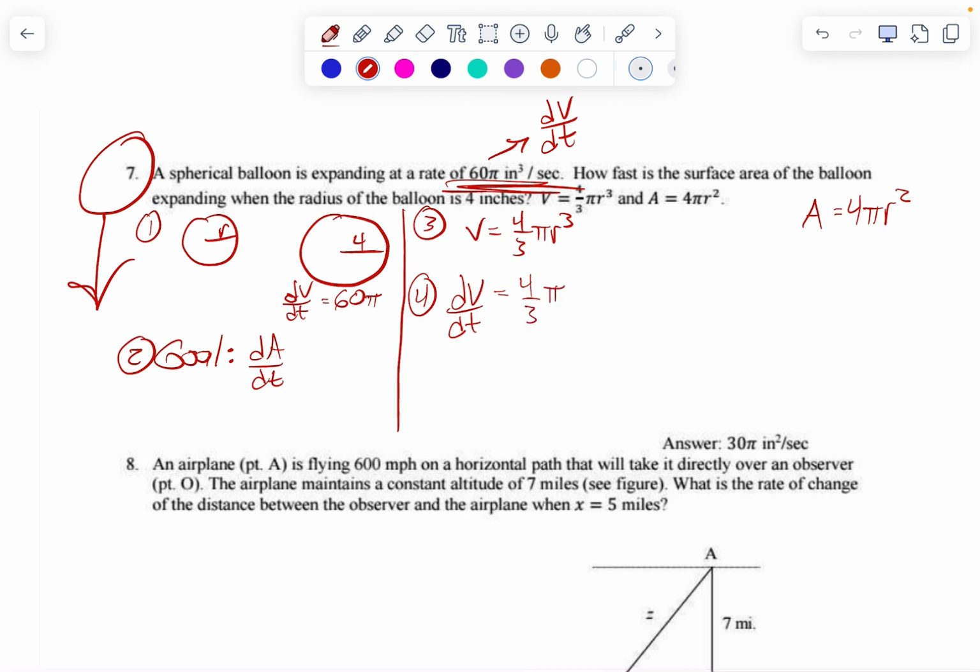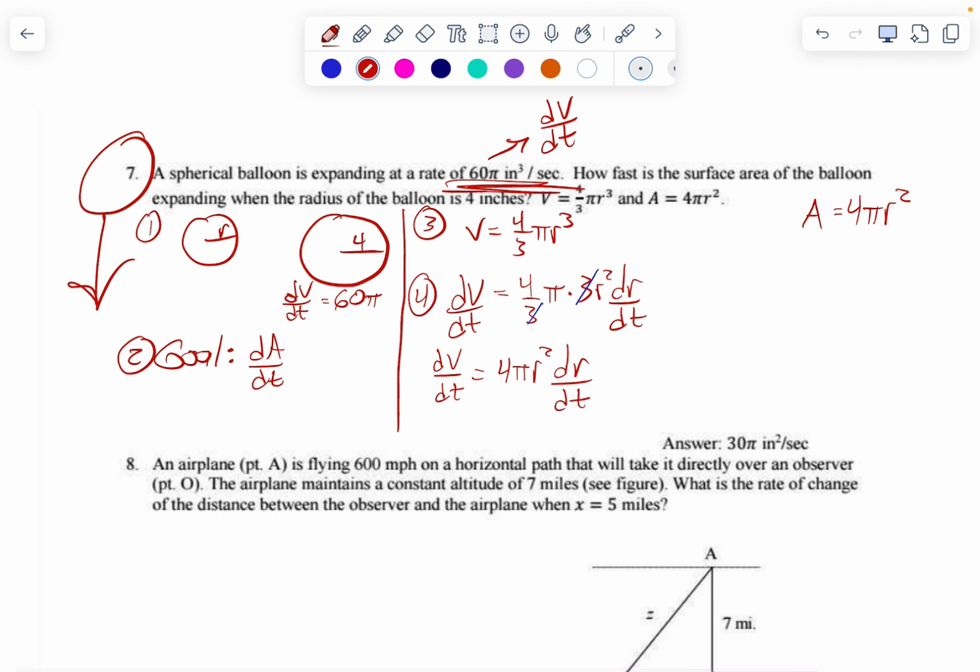And then what's the derivative of r cubed with respect to time? 3r squared dr/dt. And the 3's then cancel. So dV/dt is 4 pi r squared dr/dt.